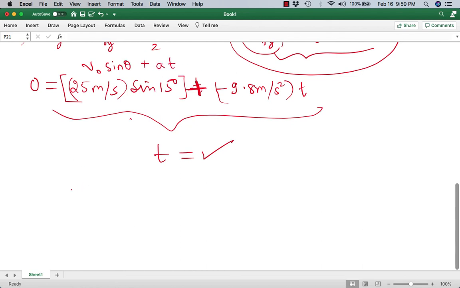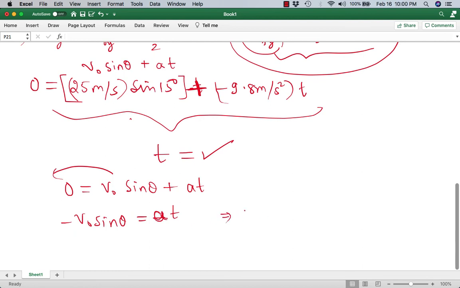So we need to rearrange this to write the expression. We want to write an expression for t. So bring this to the left. So negative V naught sine theta is equal to at. So t would be negative V naught sine theta over a.